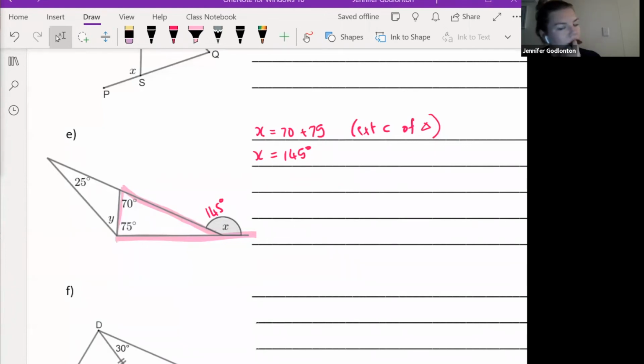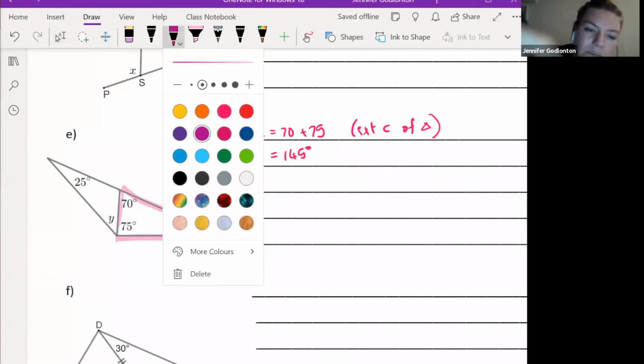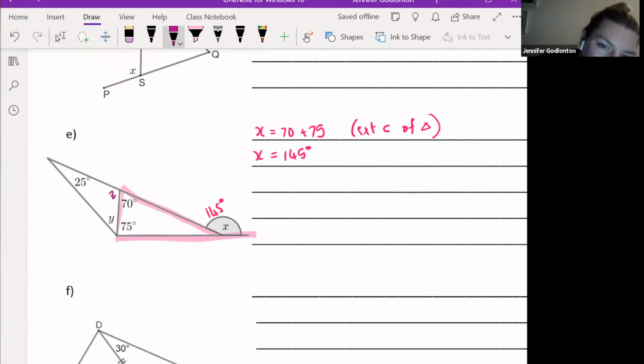Ma'am, with the 70 degrees that I have, I did angles on a straight line. Okay. 180 minus 70. I'm going to make this z.